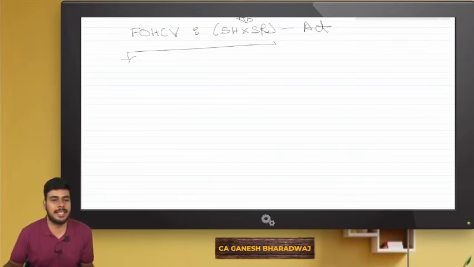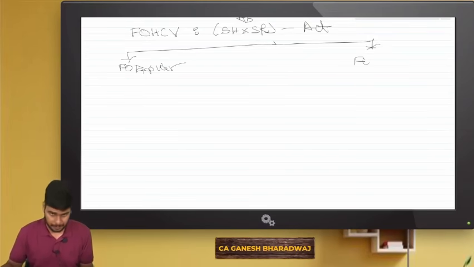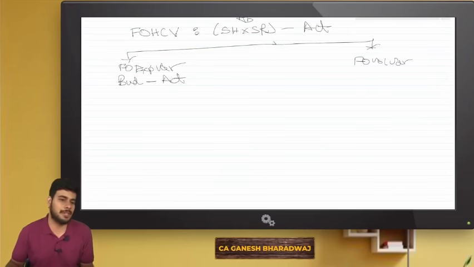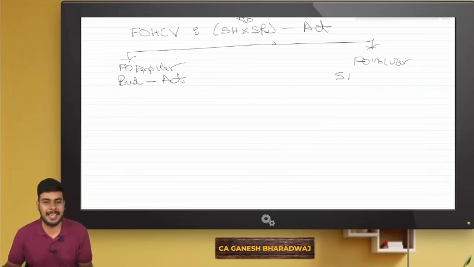This gets segregated into two: fixed overheads expenditure variance and fixed overheads volume variance. Expenditure variance formula: budgeted fixed overheads minus actual fixed overheads. Your volume variance is the balancing figure. What is it? Absorbed, that is SH into SR, minus budgeted fixed overheads.